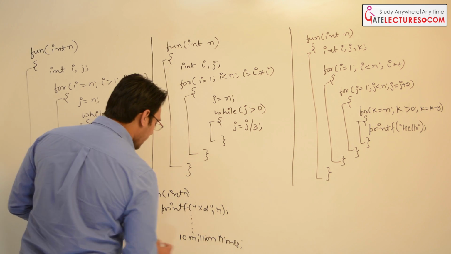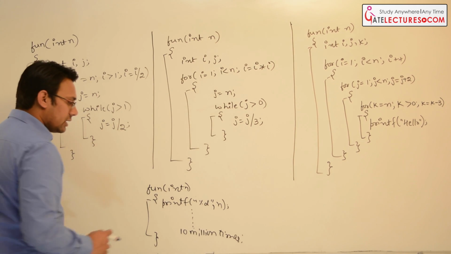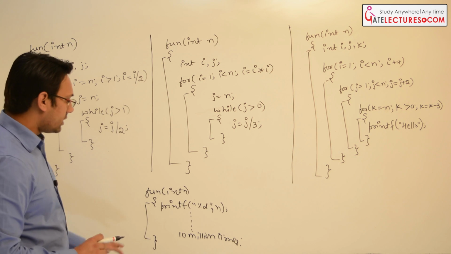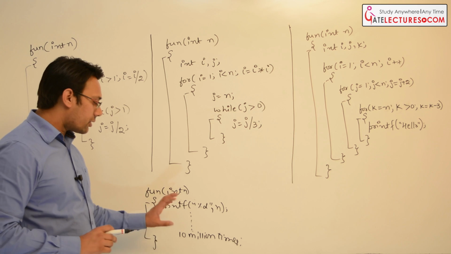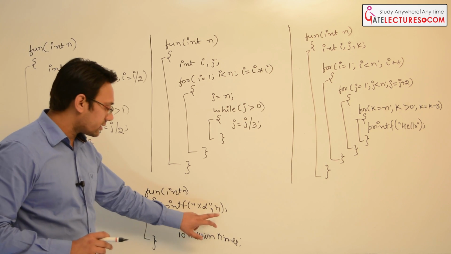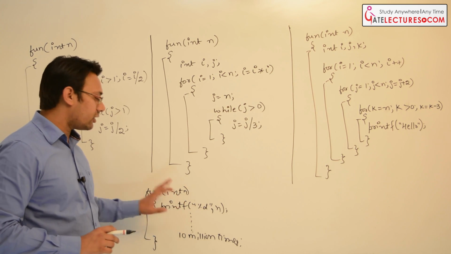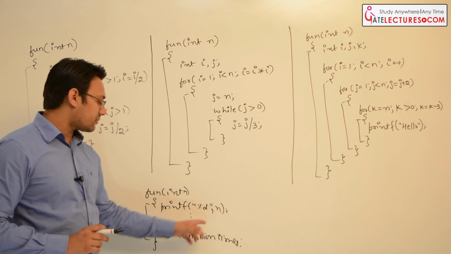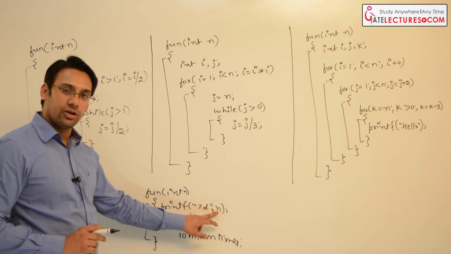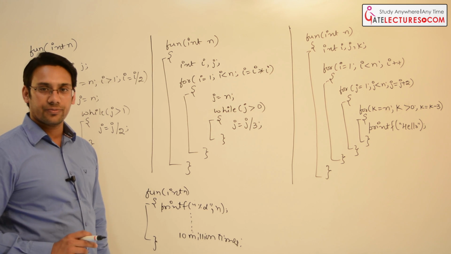Now assume we have such a program. In this program, the number of statements being executed is just constant. The number of statements being executed is not dependent on the value of n. Every time we call this function, it is going to print the value of n up to 10 million times, right?